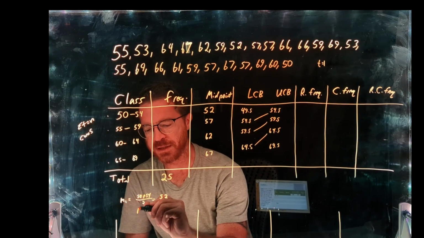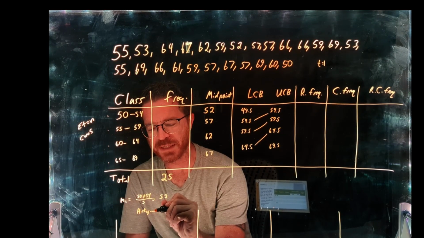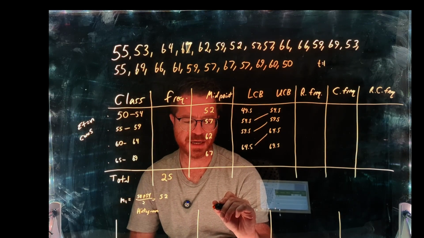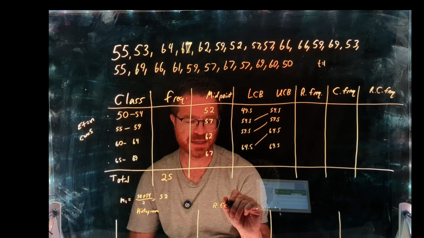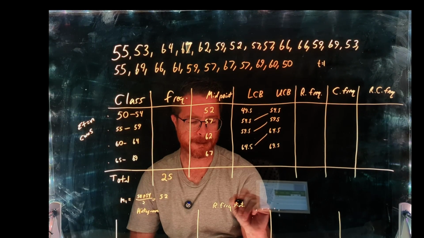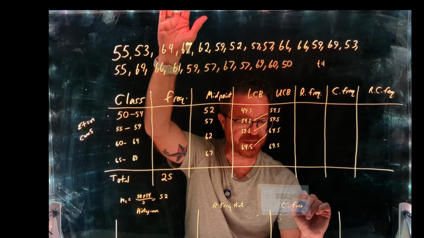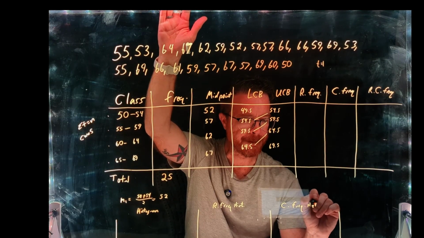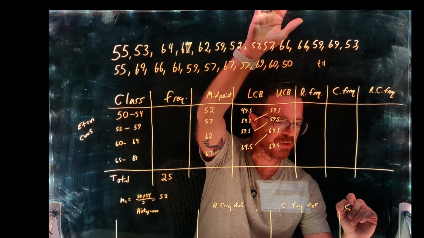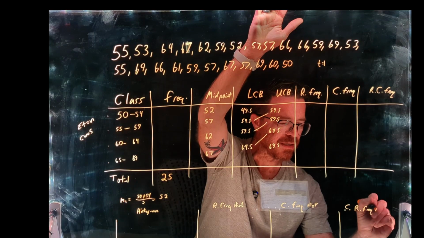So this is just going to be a histogram, which remember, a histogram just means a frequency histogram. This one is going to be a relative frequency histogram. The next one is going to be a cumulative frequency histogram. And the last one is going to be a cumulative relative frequency histogram.